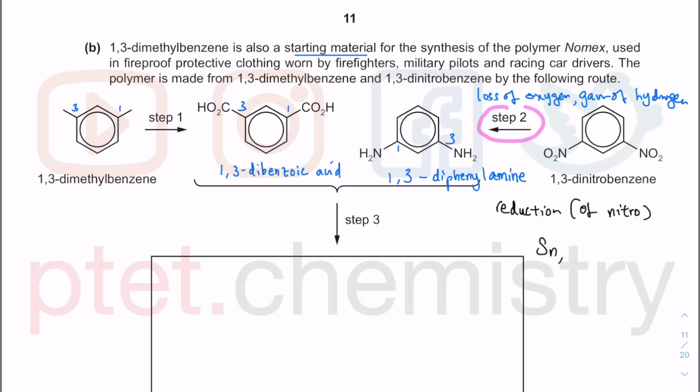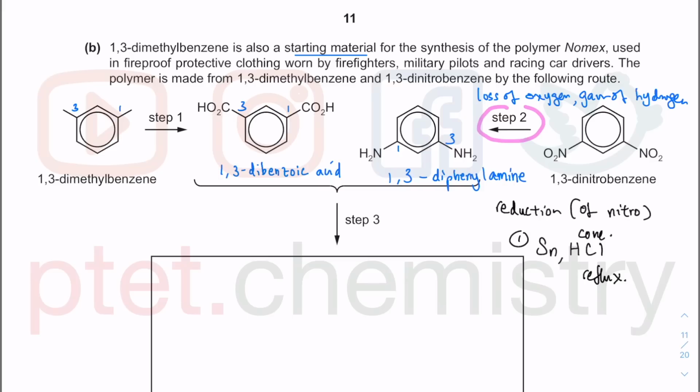You use Sn and HCl and reflux, but this is in acidic conditions, so the concentrated HCl actually, not aqueous HCl, I beg your pardon. So conc. HCl reflux with tin will reduce the nitro specifically to the phenylamine, but this is an acidic condition and it will protonate the phenylamine, which is weakly basic.